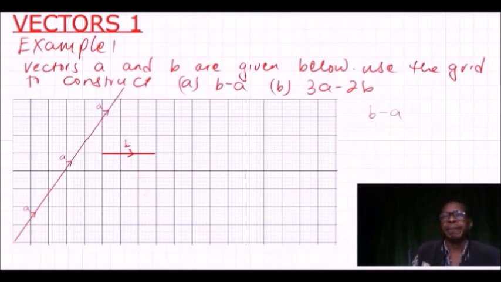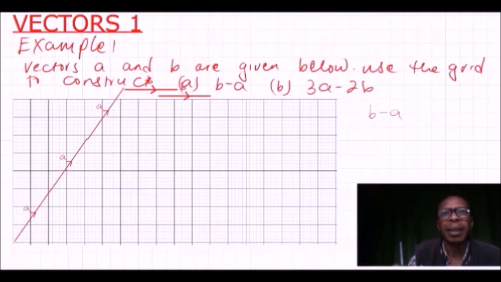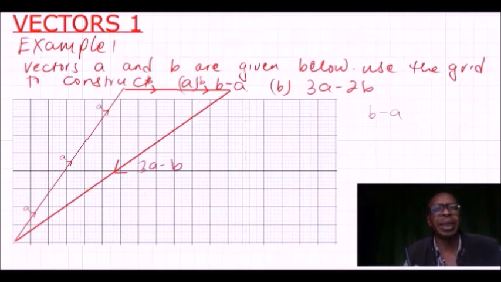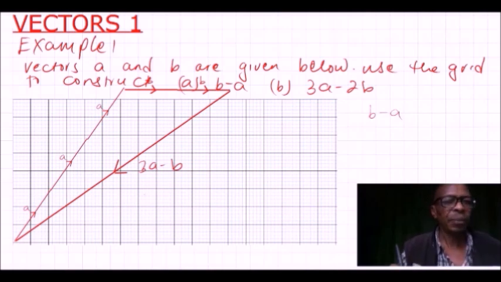Okay, and then we have 2B. 2B you duplicate like that, you combine like that. Now we have 3A, so we can now bring our B here, and therefore the vector that will represent this is 3A minus B. So this is what we have. That's how you go about it, and that brings us to the end of that lesson. So let's go to lesson 2.